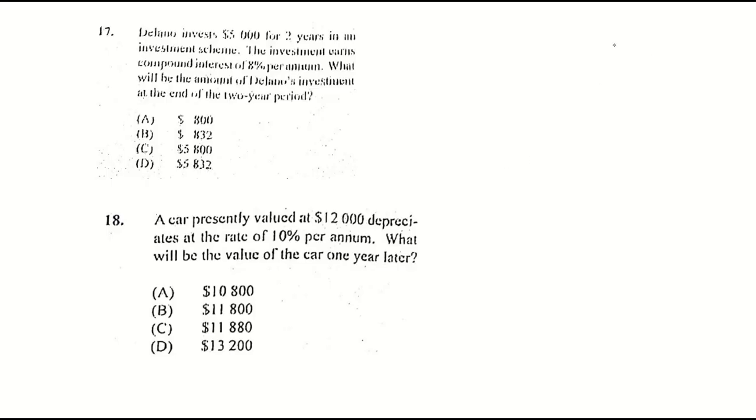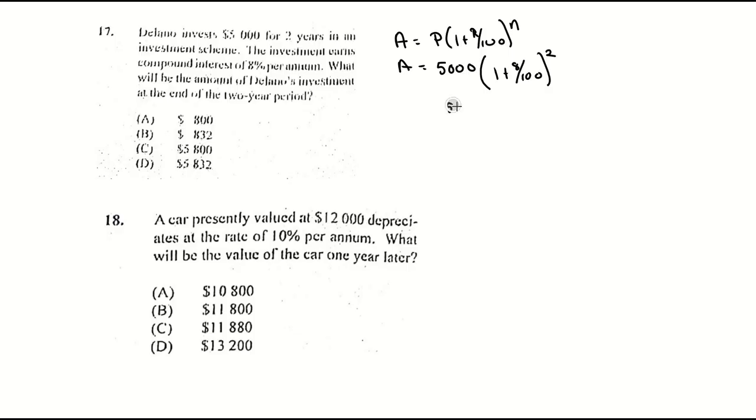You can say your amount is equal to your principal by 1 plus your rate over 100 to the power of n. So your amount is going to be the principal, which is 5,000 by 1 plus 8 over 100 to the power of how many years? 2.